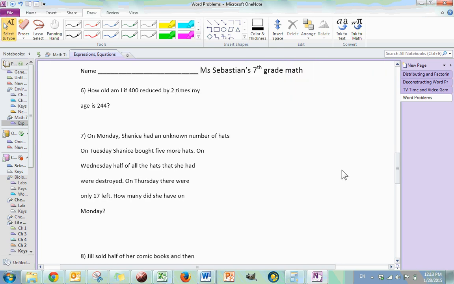How old am I if 400 reduced by 2 times my age is 244? So when you see a long stretch of numbers and indicator words like 400 reduced by 2 times my age, that's a lot to handle.